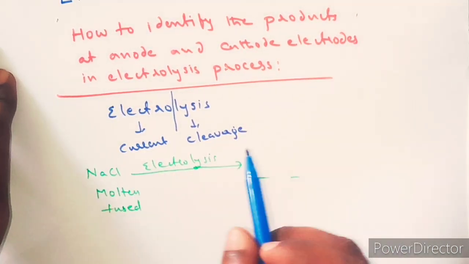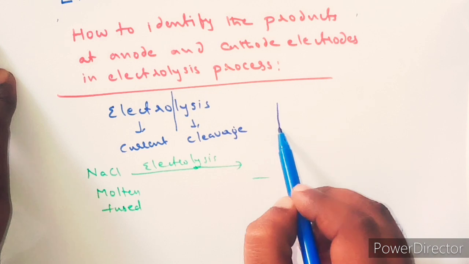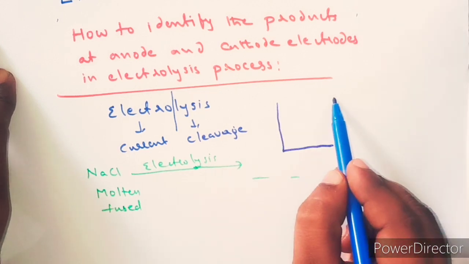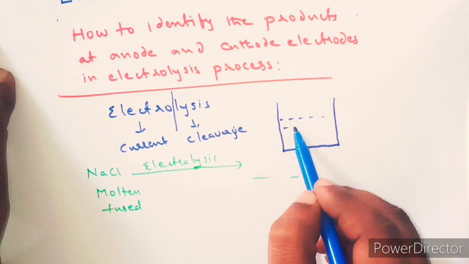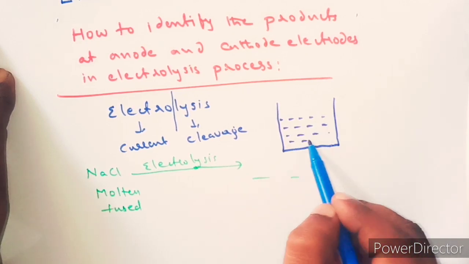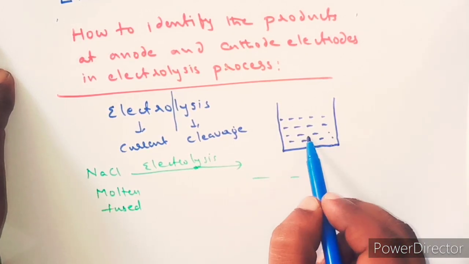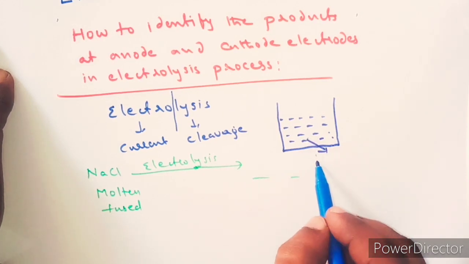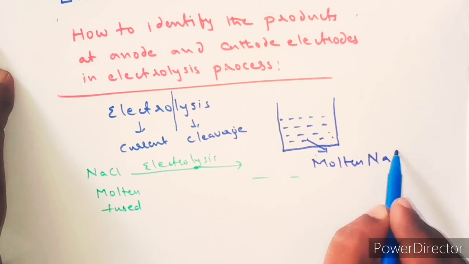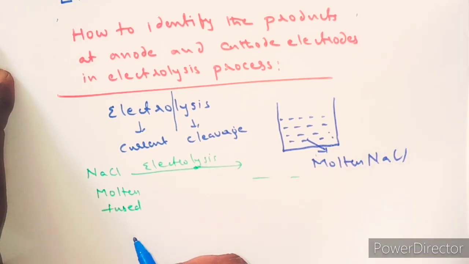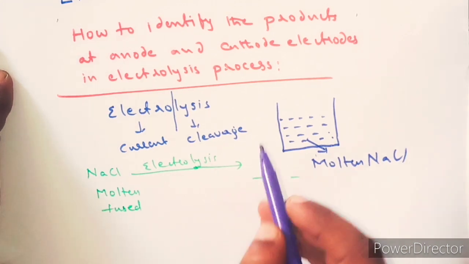During the electrolysis process, we will take one cell. It consists of an electrolytic solution, the electrolyte. Here we are taking the electrolyte as molten sodium chloride, and we have to immerse two electrodes.